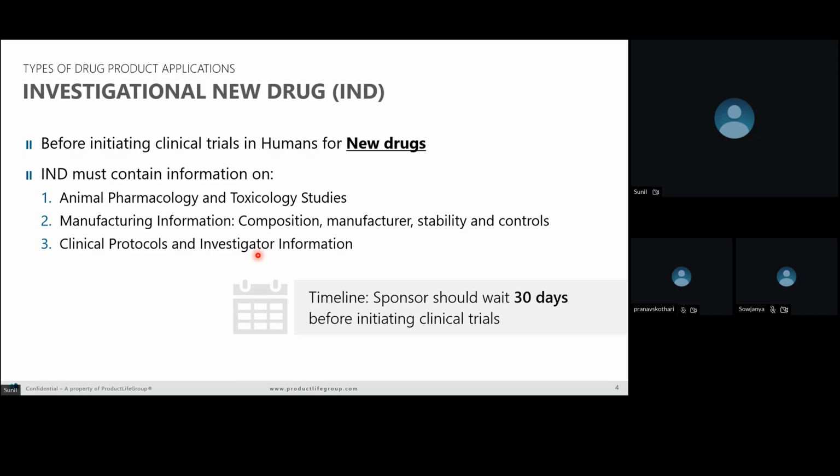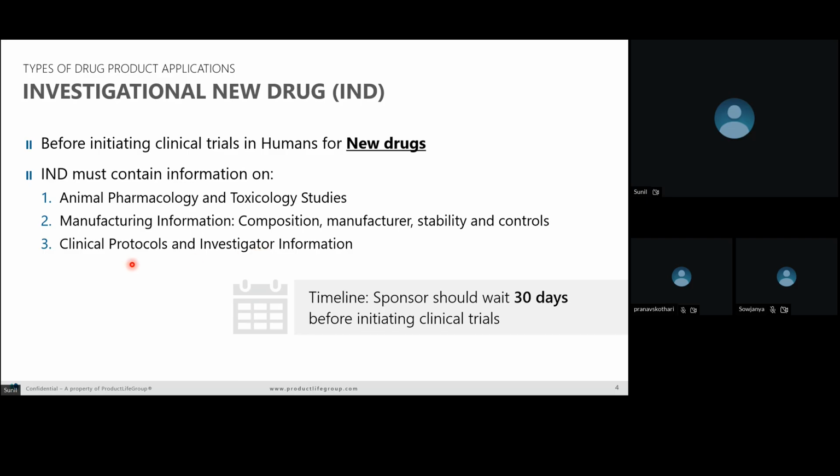So US FDA requires the applicant to file an IND application and give some introduction about their drug. Based on their introduction, the efficacy and safety profile, the US FDA will allow the applicant to conduct the clinical trials. So the first step is to have an IND application filed.